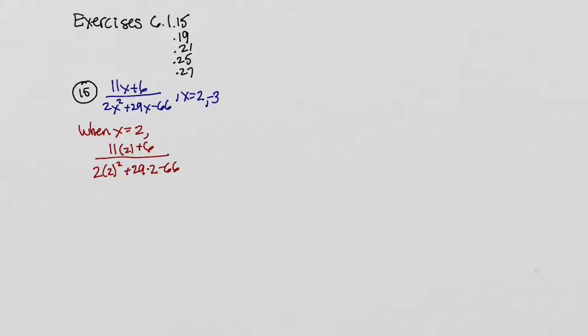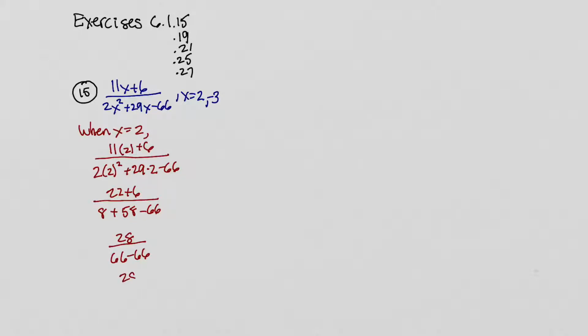So in the numerator, we'll get 22 plus 6 over, in the denominator, now 2 squared is 4, 4 times 2 is 8, plus 29 times 2, that's 58, minus 66. In the top now, 22 plus 6 is 28, and in the denominator, we've got 8 plus 58, which is 66, minus 66.